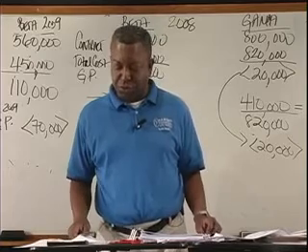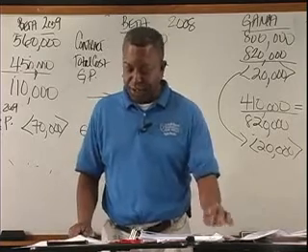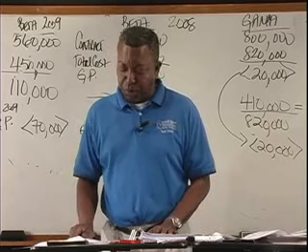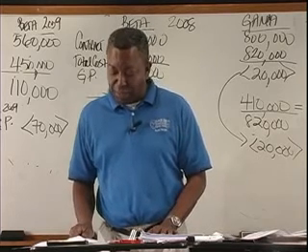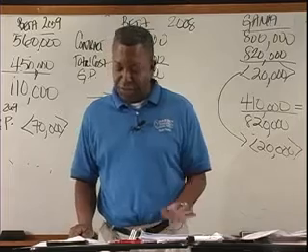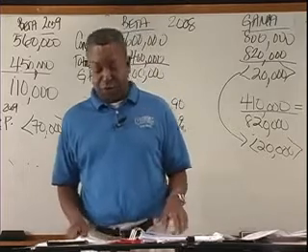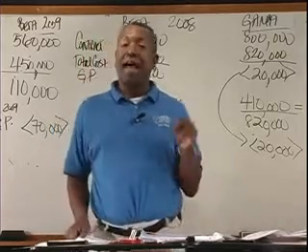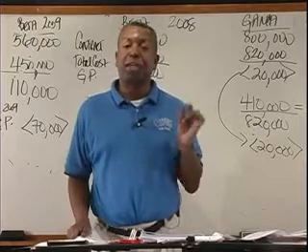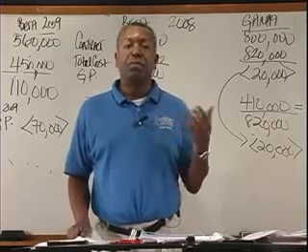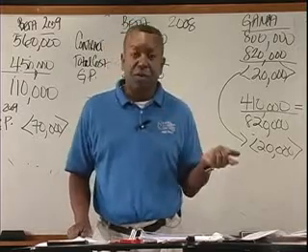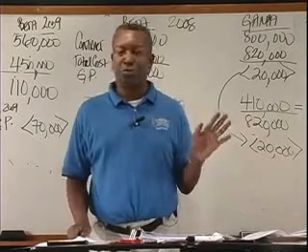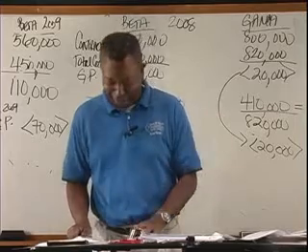So number 2 is true. 3, inventory should be reported at the lower of cost or market, and it may be based on the values of individual items, categories, or the total inventory. That is true. Number 3 is true. Lower of cost or market can be applied to individual items, categories of items, or your whole doggone inventory.